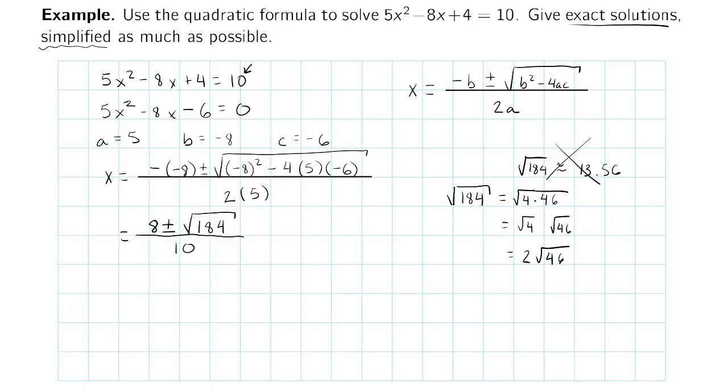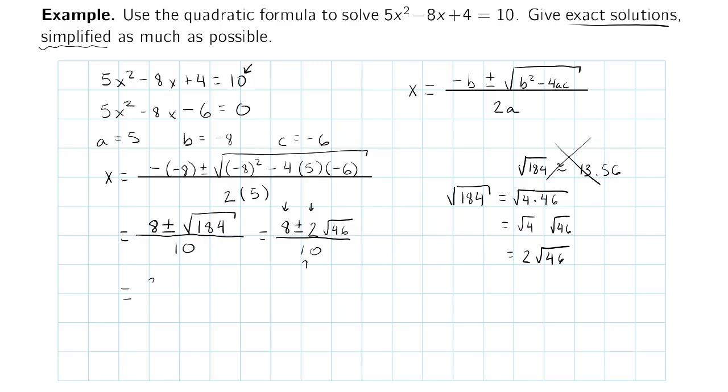So we can simplify this by simplifying that radical. We'll have 8 plus or minus 2 times the square root of 46 over 10. But now I see that 2 is a common factor in the numerator. 2 is also a factor of 10.